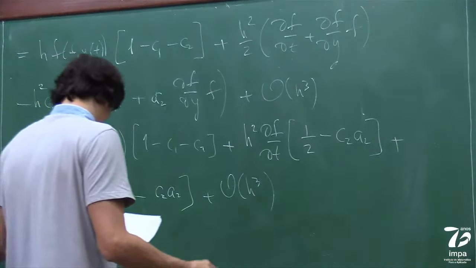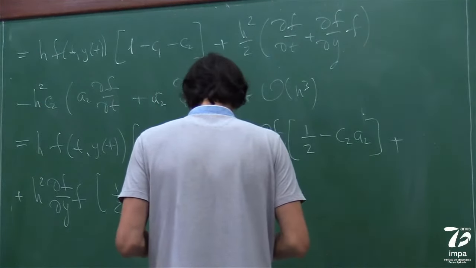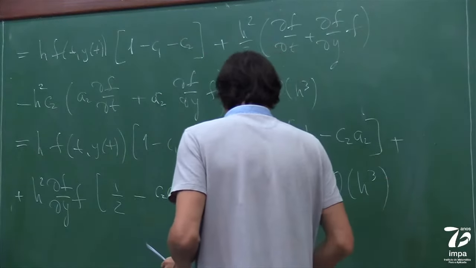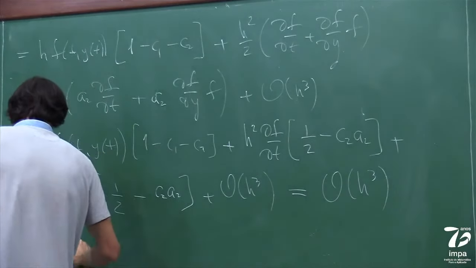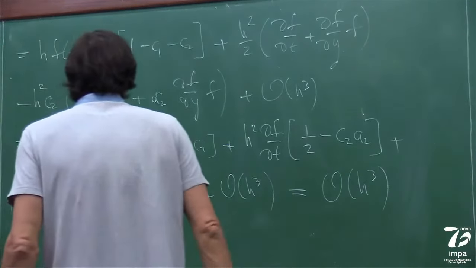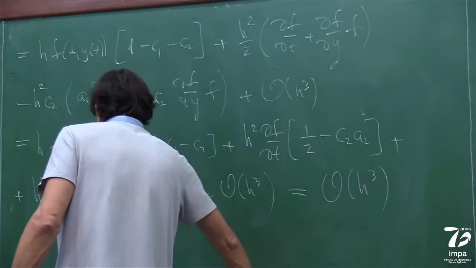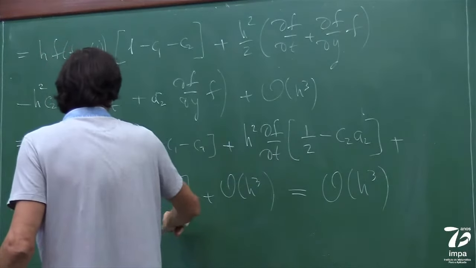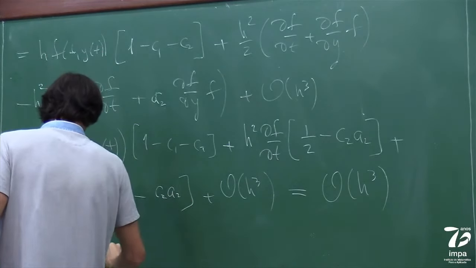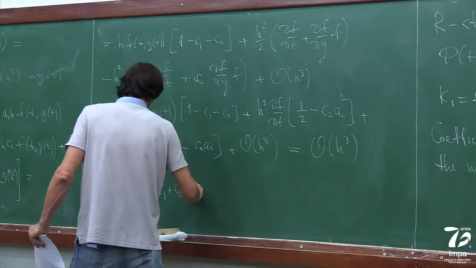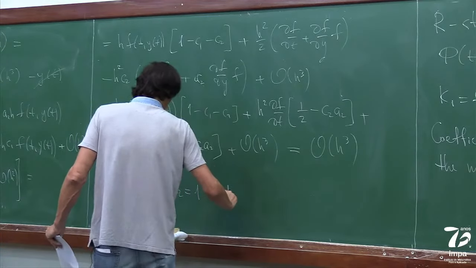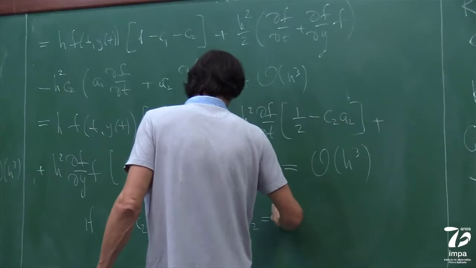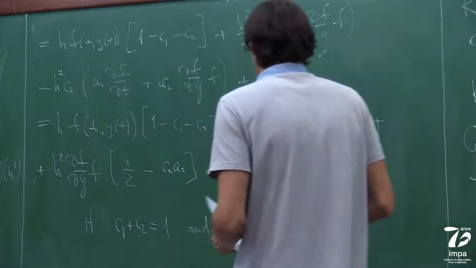And okay, so this is obviously equal second order method if, okay, let's be careful, if this coefficient is 0 and the other coefficient is 0. So if C1 plus C2 equal 1 and C2 A2 equal 1/2. Okay.